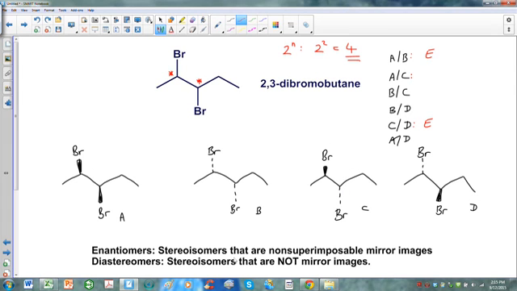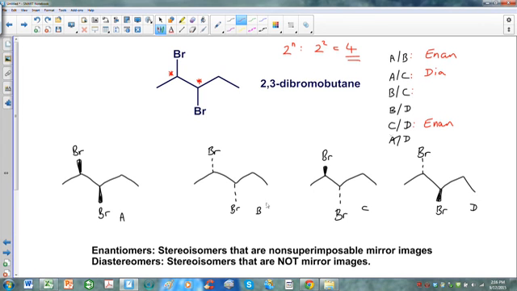So therefore these are diastereomers. So that is A and C. They're diastereomers. So I'm just going to put enan for enantiomers and dia for diastereomers. I realized I shouldn't just put D because we've got D down here.